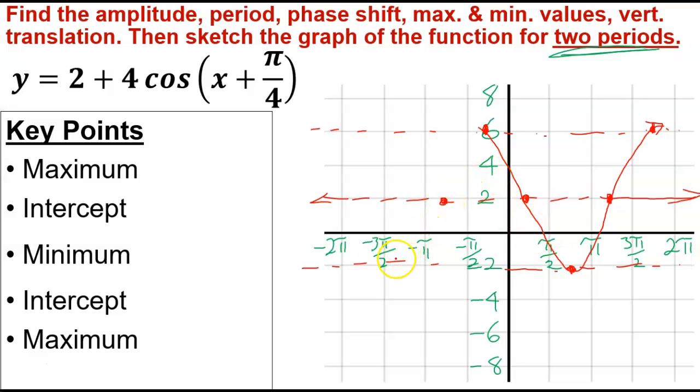The next one is going to be in between these two down here, and the next one goes back to here. I don't have enough space to go back by 2 pi. So that's going to be something like that. It doesn't have to be a sharp bend. That's two periods there. All right, so I hope you get this.